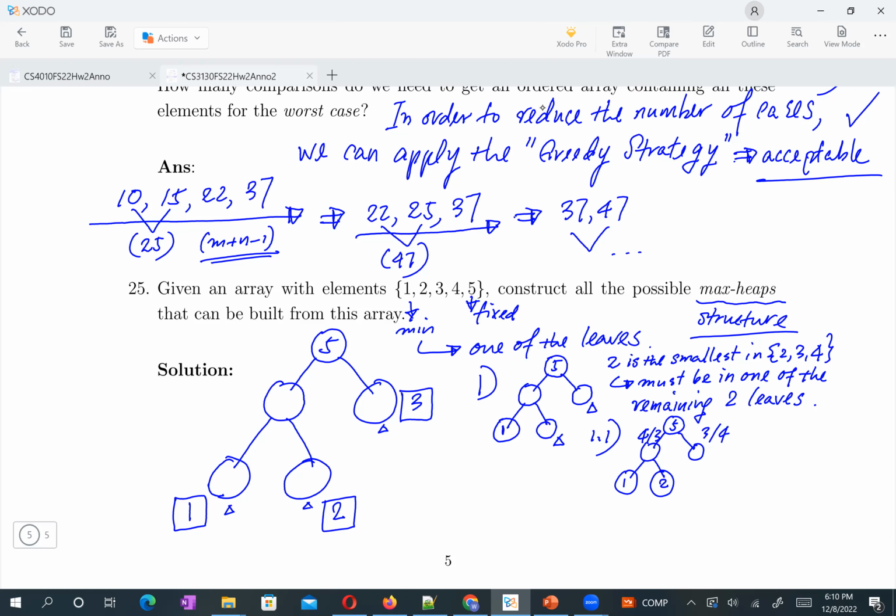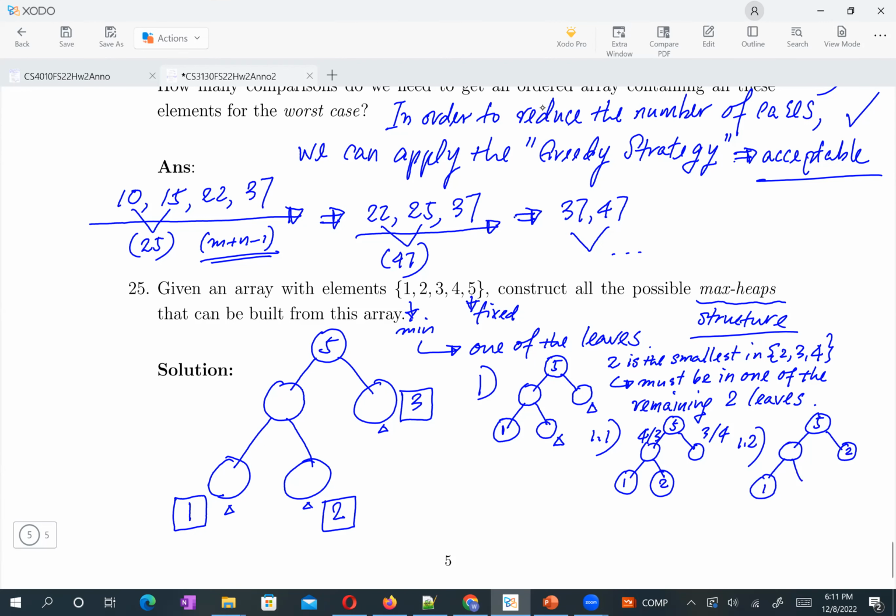So let me do another one, the 1.2 case. So 5 here, 1 here and 2 here. 2 should be here.